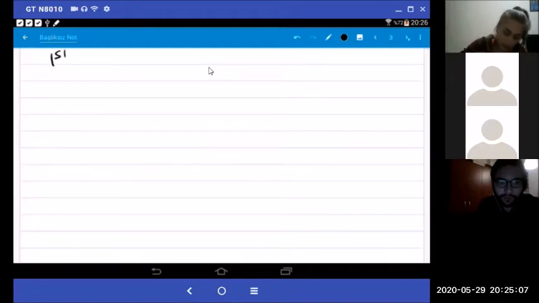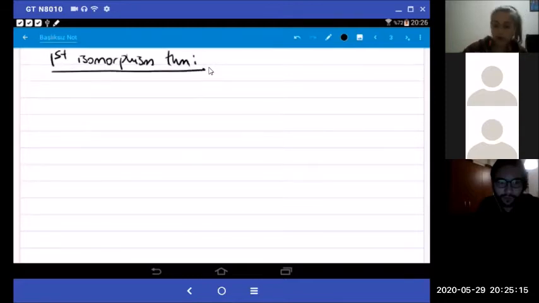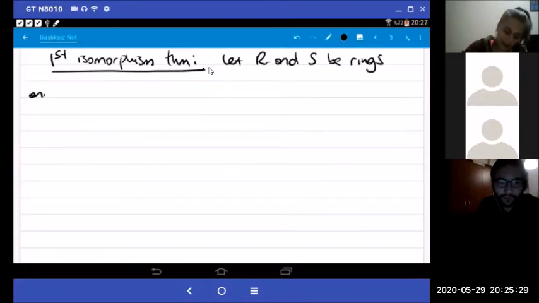First isomorphism theorem is this. Now you have a ring. You have a homomorphism. Let R and S be rings, and phi from R to S be a ring homomorphism.